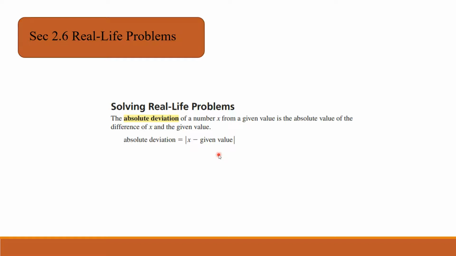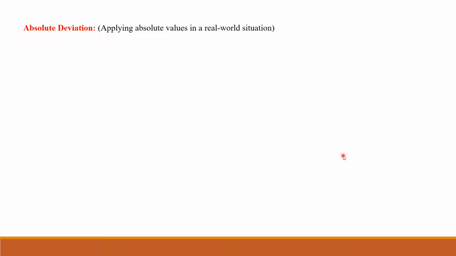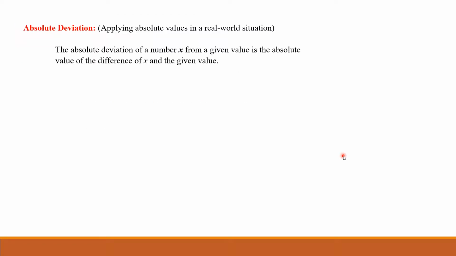It's the same as what we've been working with. We have x minus some given number. So let's explore this a little bit more. Again, the absolute deviation of a number x from a given value is the absolute value of the difference of x and the given value. We could just say absolute value instead of absolute deviation.